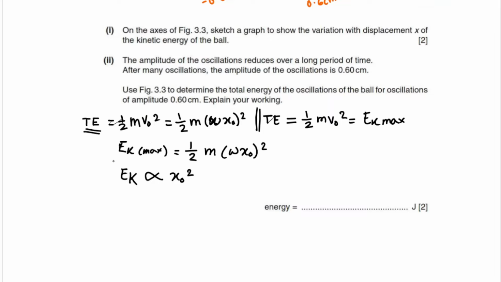And due to this direct relationship, we can write that kinetic energy 1 by x1 squared is equal to kinetic energy 2 by x2 squared.